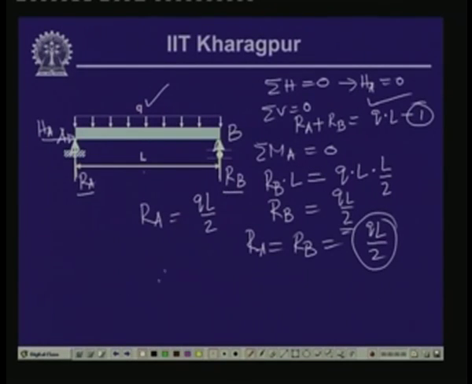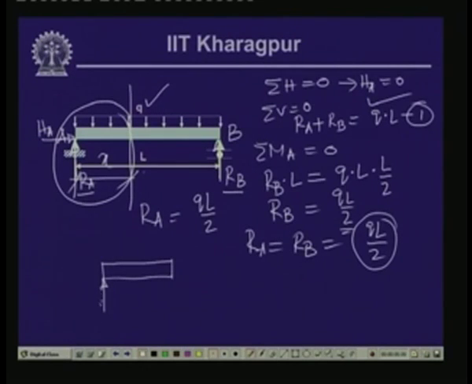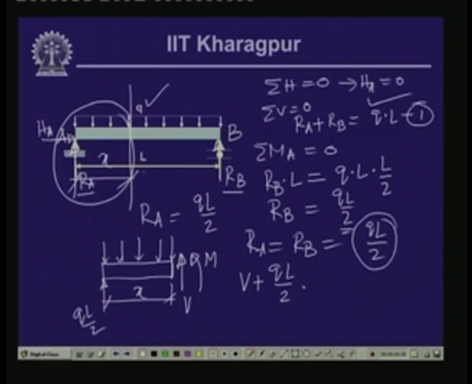Now, supposing we take a section here at a distance of x and draw the free body diagram of the left part of this beam, then we have this beam with the reactive force qL/2. We have the distributed load over this segment, let us call this distance x, and on this side we have the stress resultants shear V and bending moment M. Now, if we take the vertical equilibrium of all the vertical forces, then V plus qL/2 minus qx equals 0.